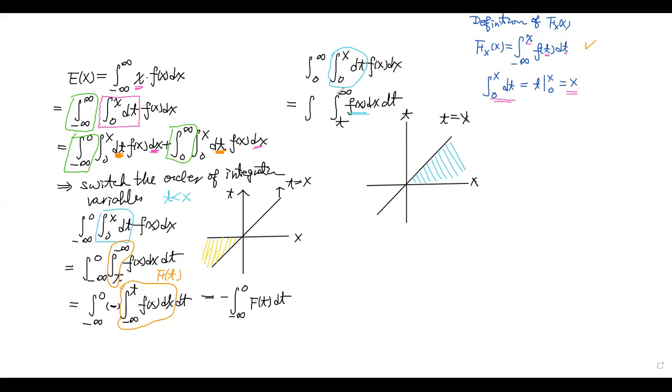T to the infinity. Right, so this will give me t to the infinity here. And then in here, I will have 0 to the infinity here, correct? Okay, so now let's continue.